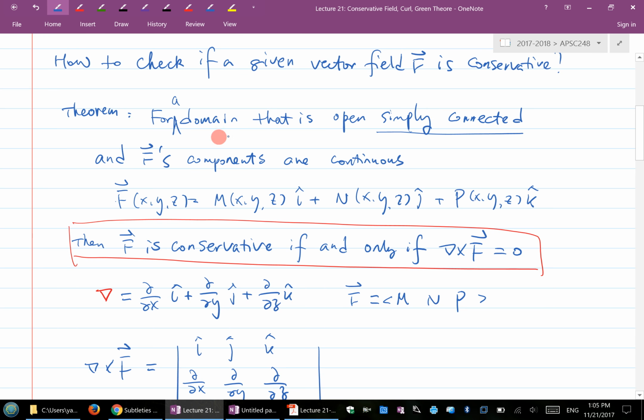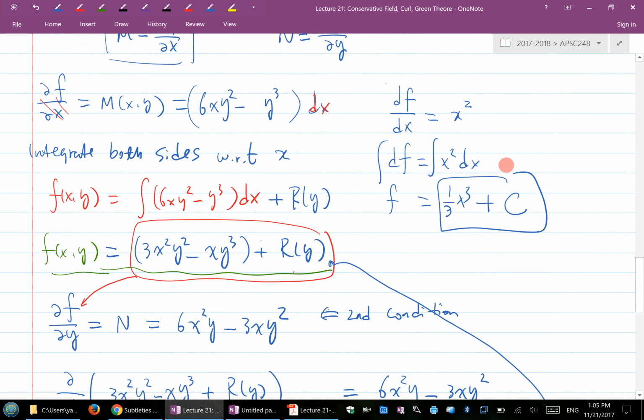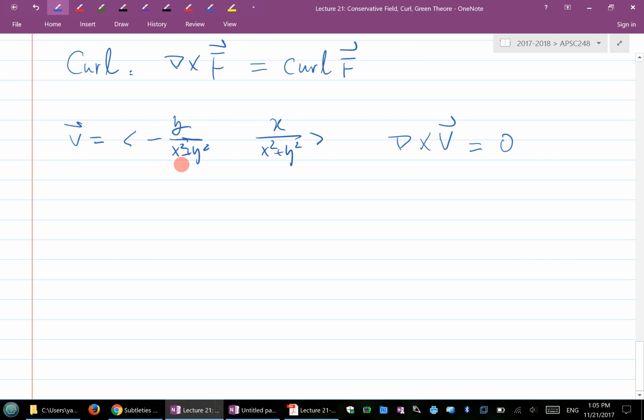So for a domain that is open and simply connected, and where the components of F are continuous in the domain. This function here, at the location (0, 0), is not continuous. So if your domain really includes the origin (0, 0), then this is not a conservative field.